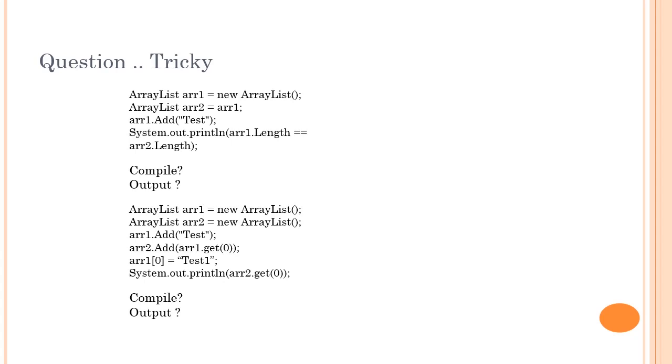We will have an error because we don't have a method called length. We should use .size instead of .length first. Okay, we assume that we change it to .size. So what is the output?